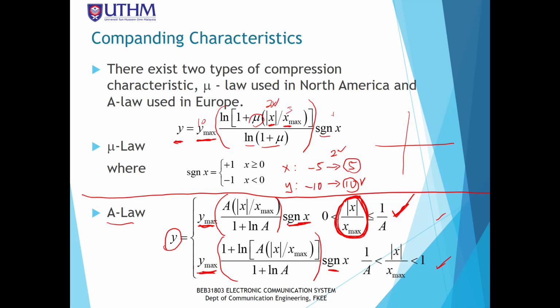So there will be a question in the final exam. You need to find the output of the quantized level given the input and also the range of quantized levels. So you will be given x min until x max, and also y min until y max. You will be given the value of A as well.